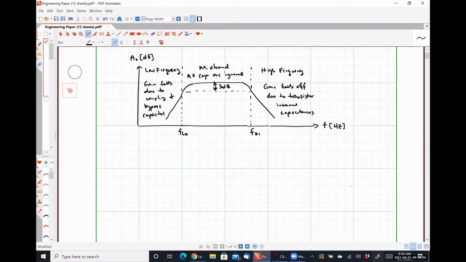So for a general bandpass filter, we can have a transfer function, H of S, which will be the output voltage as a function of S divided by the input voltage as a function of S. Generically, this is going to look like the following relationship. AM is what's called the mid-band gain. This is the gain that we have been calculating up to this point. This is nothing new whatsoever.